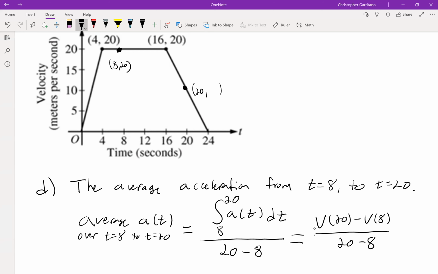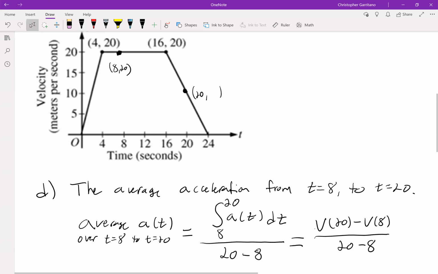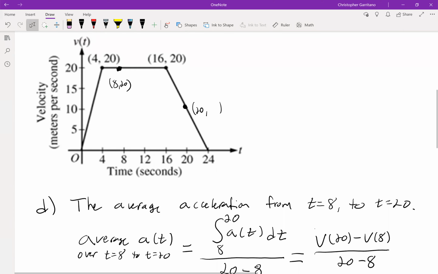So let's do some side work before we can answer the question. In order to determine the y value here, I need to determine the equation of the line that this point sits on. That just means I need to determine the slope and the y-intercept of that line. I'm going to take two known points on this line, 16, 20 and the point 24, 0.